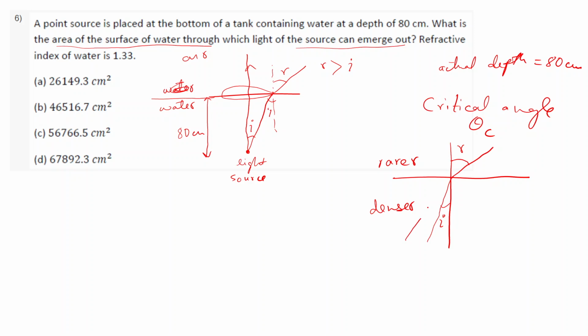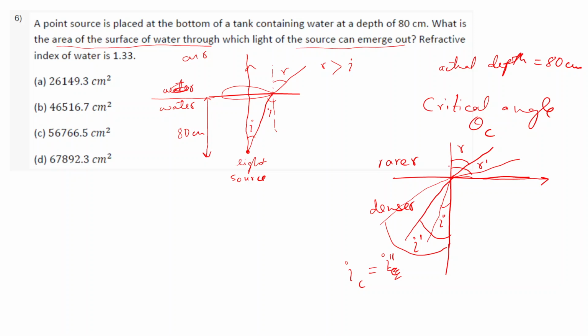If my angle of incidence is increased to some I prime value, then this will move even further away to some R prime value, and there will be some angle of incidence value which we call the critical angle, at which the refraction will be along the surface.